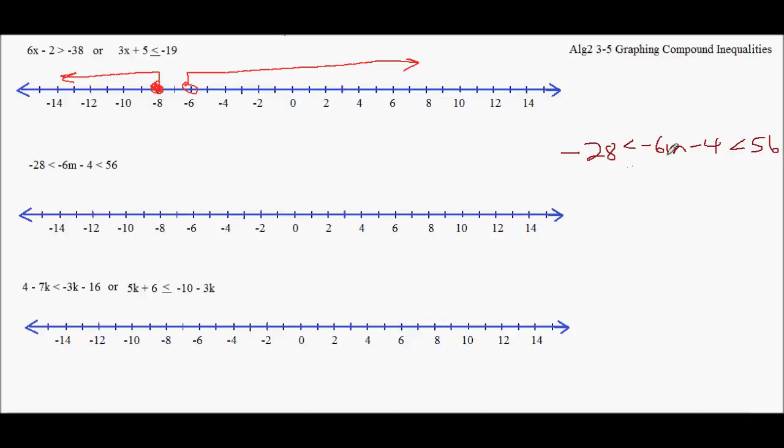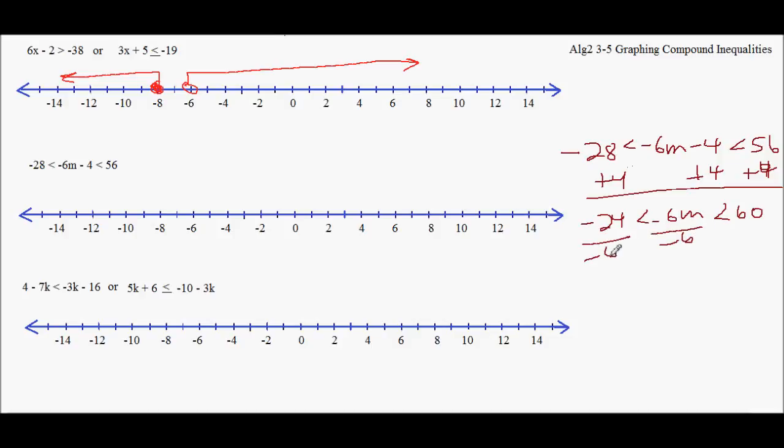Okay. So what you have to do is you want to get m by itself, but you have to do it to three things. You have to cancel the -4 and the -6. So I'm going to add 4 to all three expressions here. So I get -24 is less than -6m, this cancels, and less than 60. So then I'm going to divide by -6, all three statements.